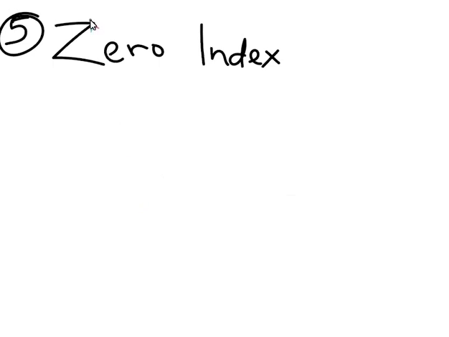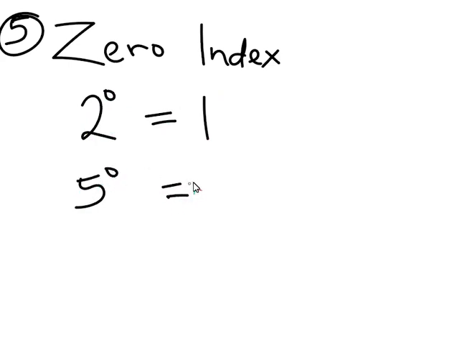Here we understand it this way: when any number or quantity is raised to the power of 0, the result is 1. So if you say 5 index 0, the result is simply 1.